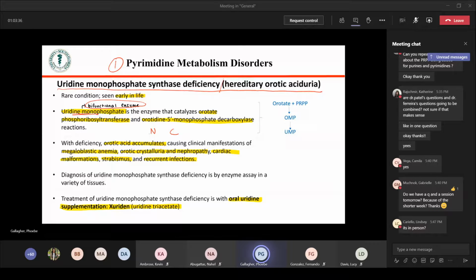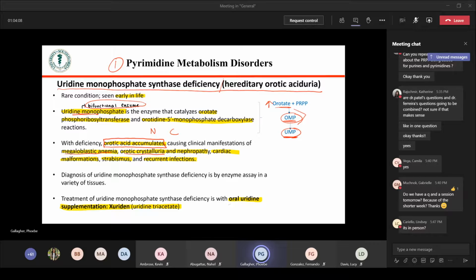And so if you have a dysfunction here, you're going to have issues converting orotate to OMP and then converting OMP to UMP. I would probably memorize the symptoms associated here. Because you have an issue making UMP and OMP, you're going to have an increase in orotate. So orotic acid is going to accumulate, and like uric acid, accumulation of this stuff is not good.